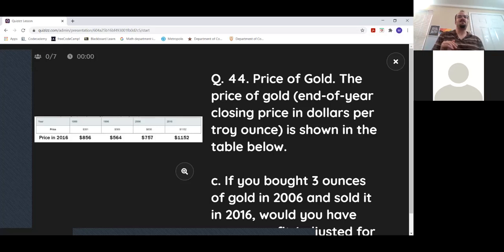And so the idea is if we put it all in 2016 prices, this is what we call adjusted for inflation because the inflation is not affecting these, right? Okay, yeah. I think I get it now. And so basically, long story short, if we're going from 757 to 1152, are we going to make money there?